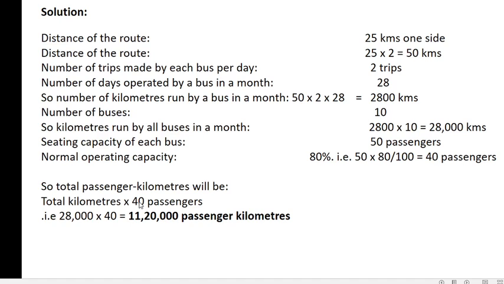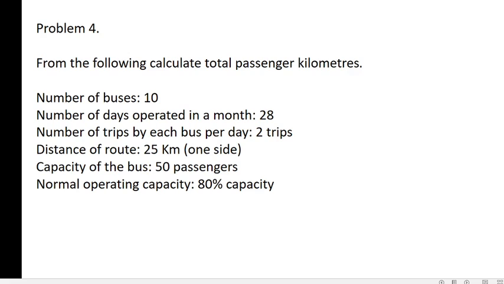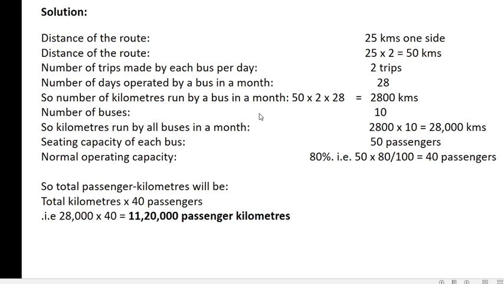This normal operating capacity passengers 40 passengers. 28,000 into 40 is 11,20,000 passenger kilometer. In this problem, we had been asked to calculate the total passenger kilometer, and with the help of the information given, we have calculated the total passenger kilometer, that is 11,20,000 passenger kilometers.